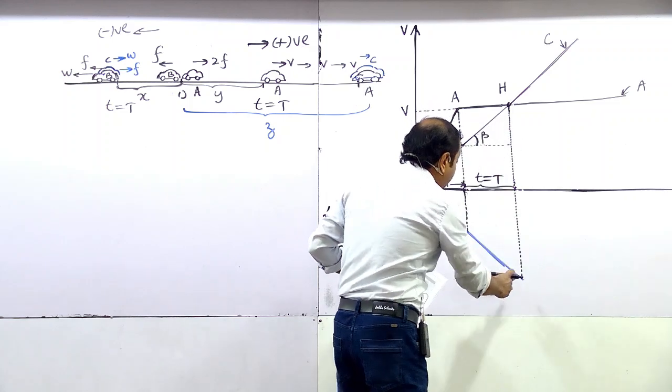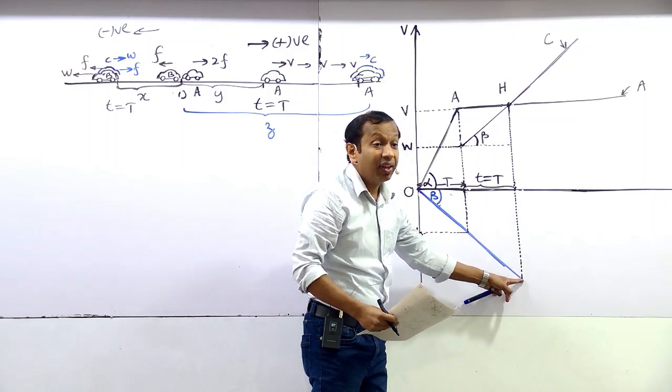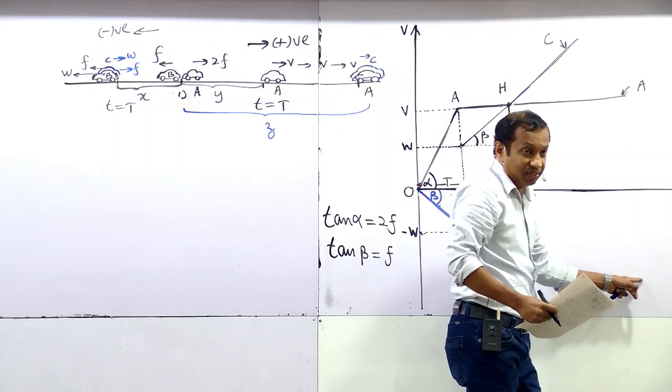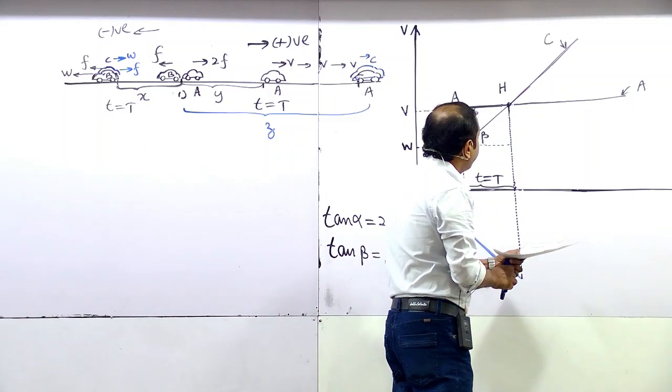Okay, like this. Now, this is the time 2t. After this, what happens? Car B moves with constant velocity. Understood? Like this.